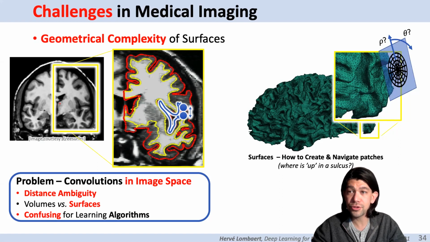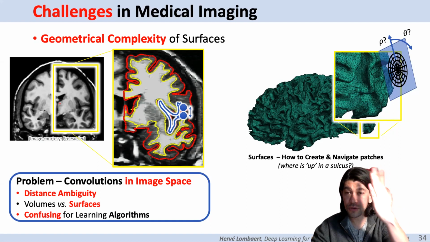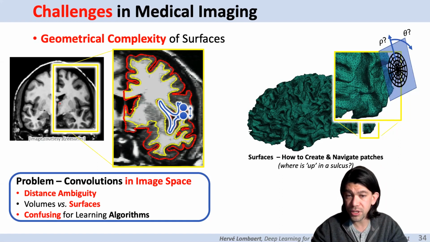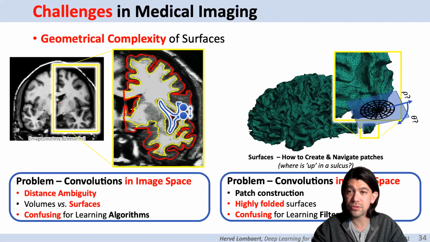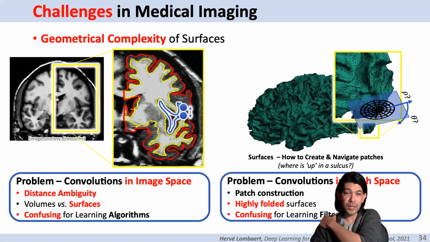So far in the literature, we have coordinate systems that rely on a spatial domain, for example polar coordinates on small patches. But how do you define, for example, the angle 0? Where do you define this angle? It could be, for example, the angle of maximum curvature. But you start to see trouble here if, again, you want to walk on the surface. So again, confusing for learning filters in that case as well.